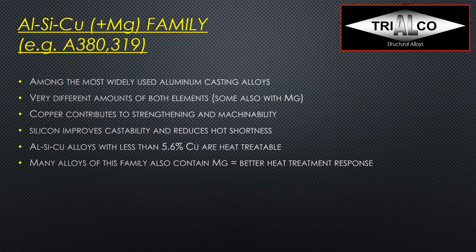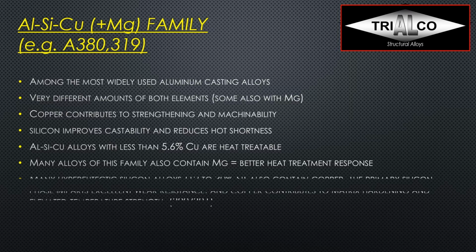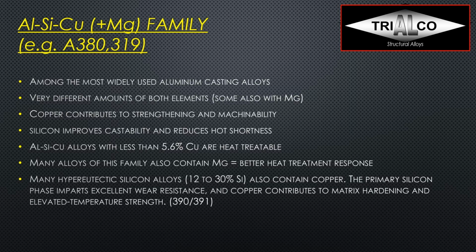There are many alloys of this family that also contain some magnesium, which will improve their heat treatment response, giving us the mag-silicide hardening, and many hyper-eutectic silicon alloys with 12 to 30% silicon. They also contain copper. The primary silicon phase imparts excellent wear resistance, as we were able to see before in the microstructure, and the copper contributes to matrix hardening at elevated temperature.